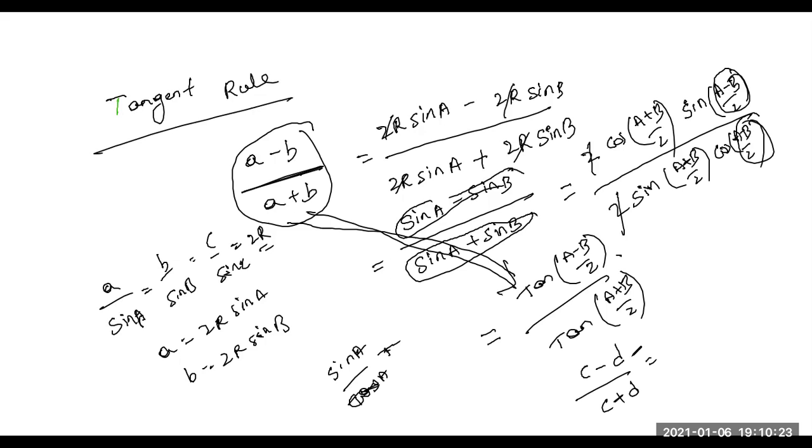Any angle, you can take A. Yes, (C minus A) by (C plus A) is tan of (C minus A)/2 by tan of (C plus A)/2. That's it. So likewise you do it for the remaining things. This is the tangent rule.